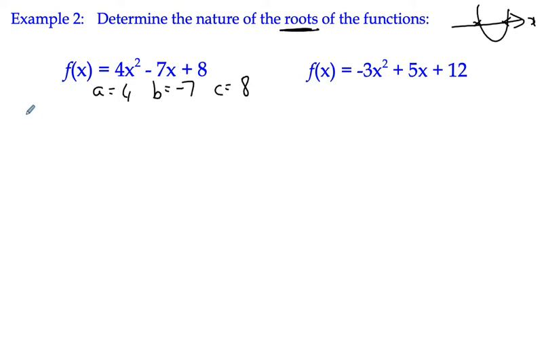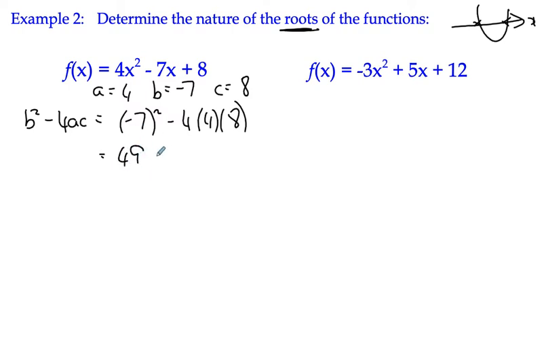So we can say that b squared minus 4ac is equal to negative 7 squared minus 4 times 4 times 8, which is 49, and then 4 times 4 is 16, 16 times 8 is 128.